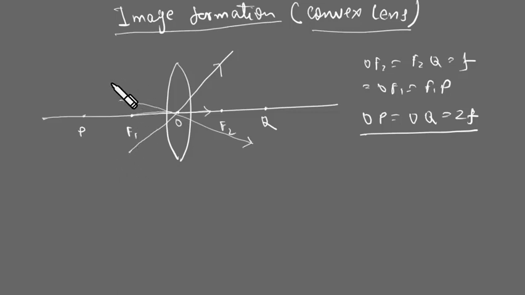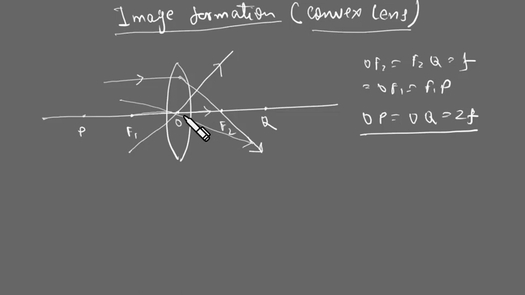Secondly, any paraxial beam, a ray which is parallel to the axis, after getting refracted by the convex lens, will move through the second principal focus of the lens.